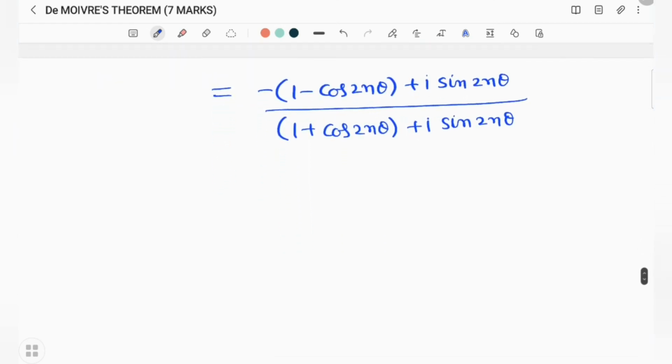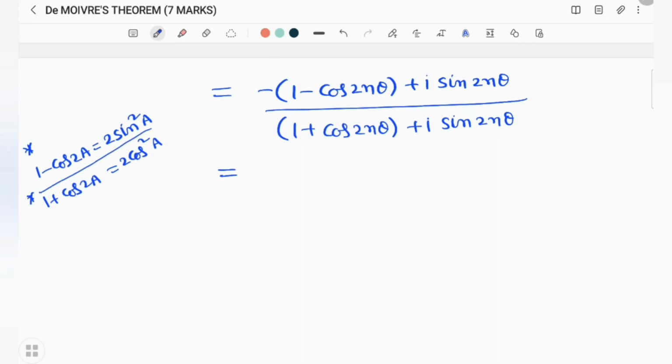After that, we have formulas. 1 − cos 2A is equal to 2 sin² A. 1 + cos 2A is equal to 2 cos² A. These are the formulas we are going to apply.